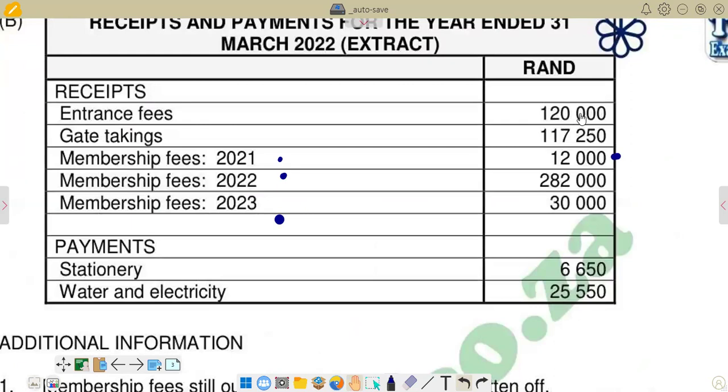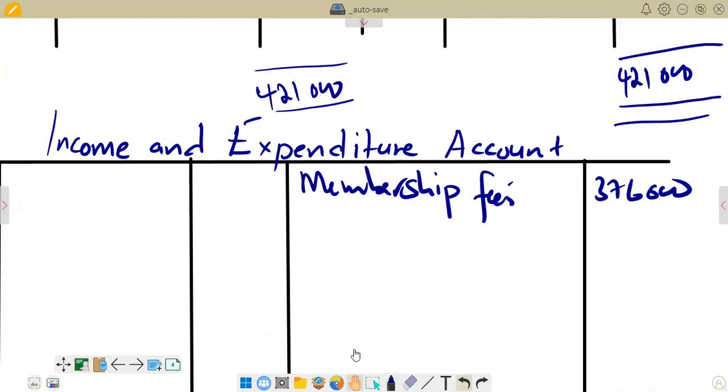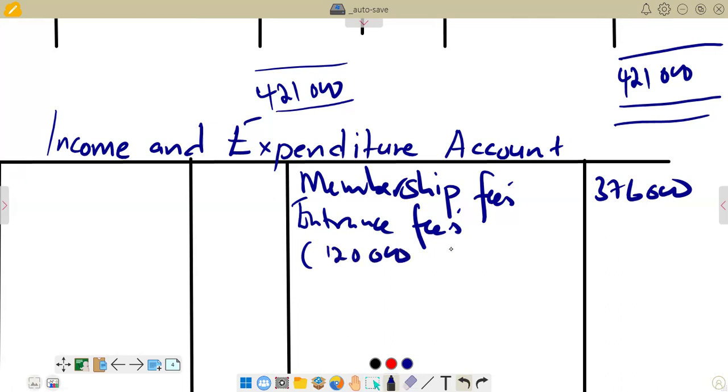So basically, we are saying 120,000 minus 96,000. Remember our entrance fees is an income, so we come here. Let me just summarize the working, whereby we are saying 120,000 minus 96,000. So this is what we have.